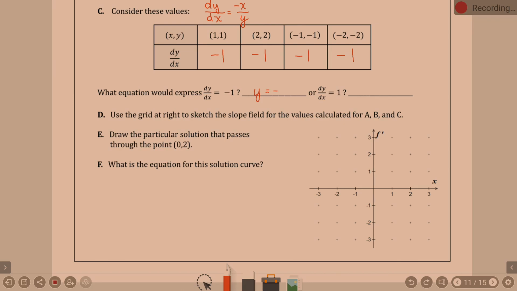And again, it has to do with this negative sign up here that's making it thrown off there. What about when dy/dx equals 1?